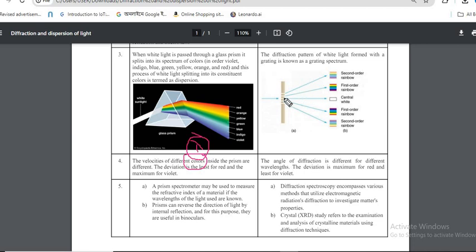What is the meaning of angle? Here one can think the angle is 0 degree. Then one can think about this angle, say theta 1, and this particular angle theta 2. As you are spreading, you will have the case of diffraction. So dispersion is related to wavelength, whereas diffraction is related to angle theta, the angle of diffraction.